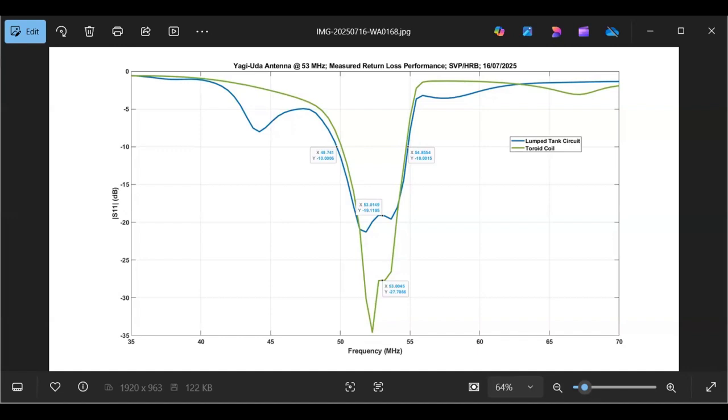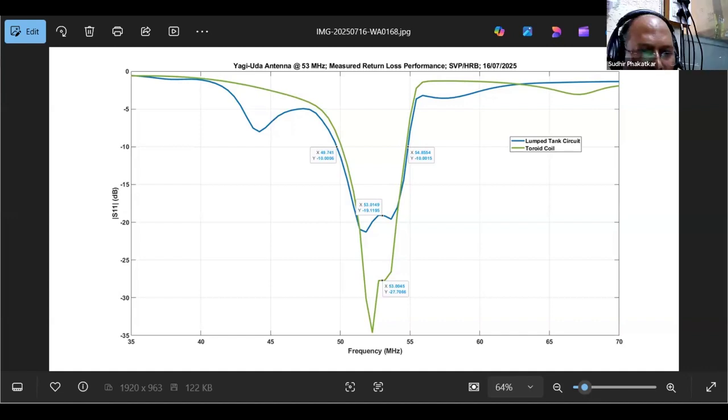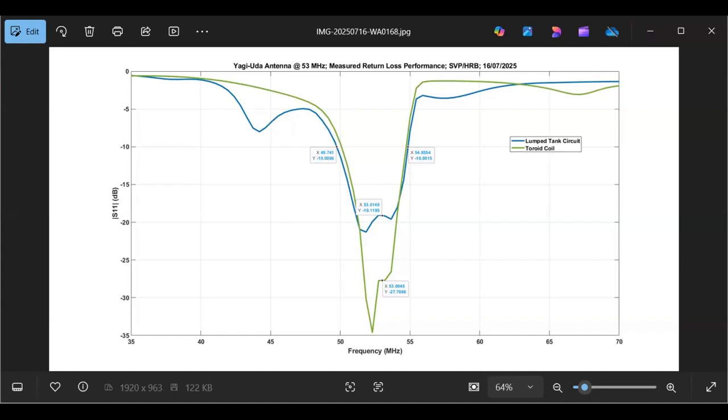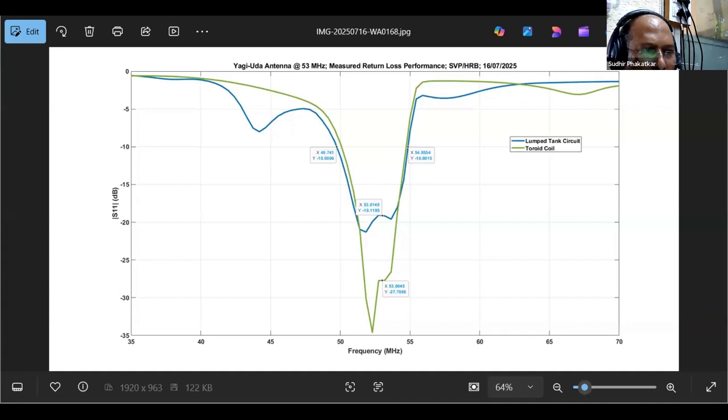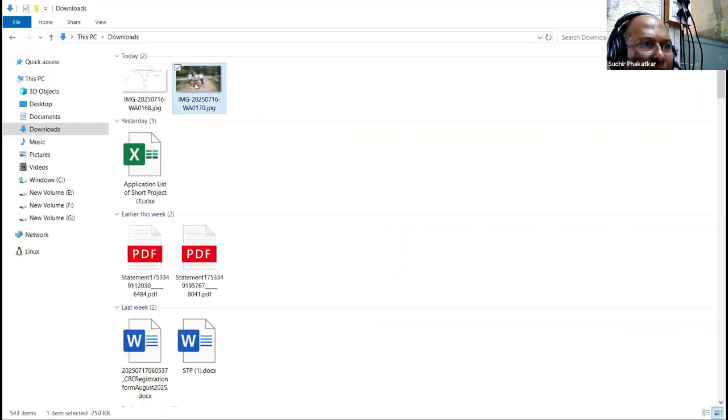I have put one question actually in the chat box. I will see. Let me show you the actual picture of this. Your screen is stuck now. Now I will show you the picture of this antenna.